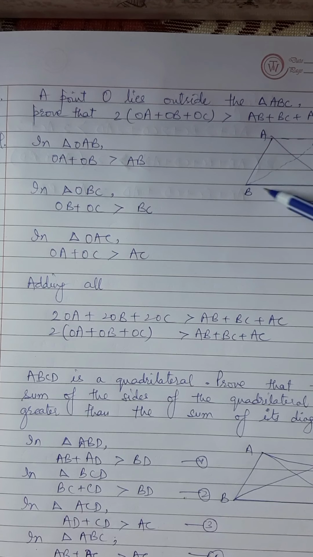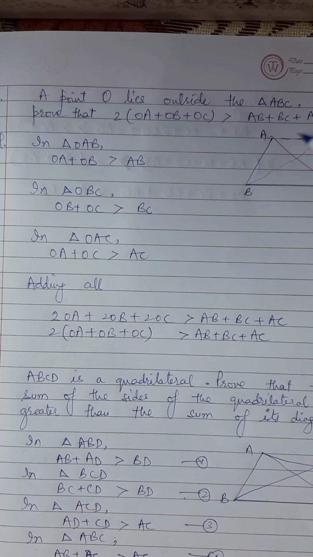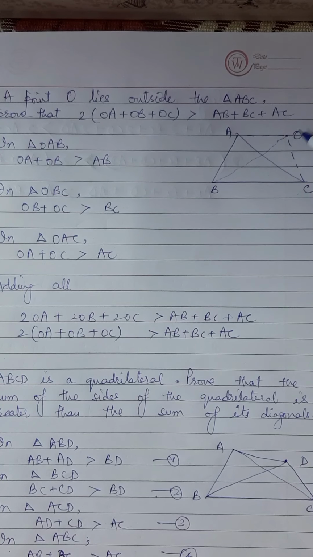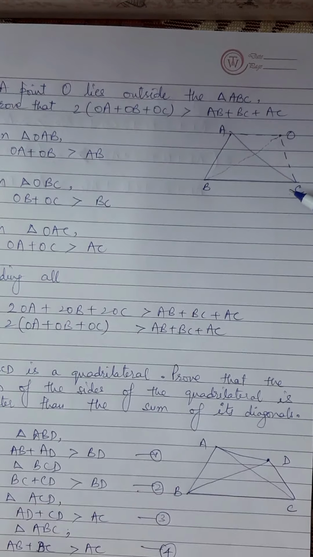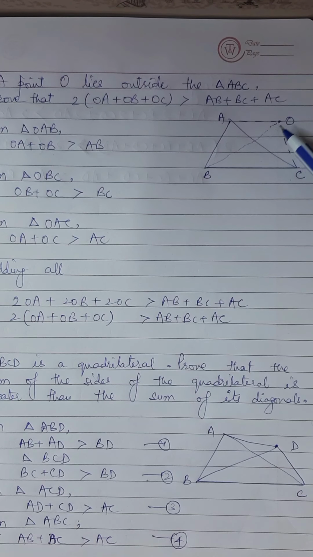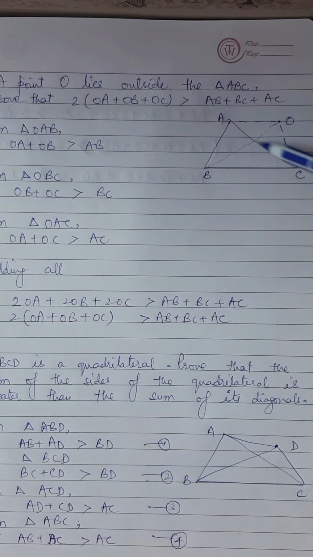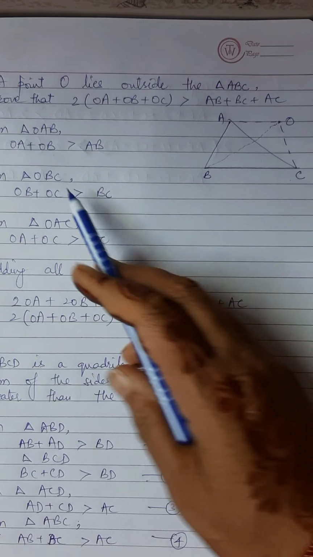Now considering triangle OBC, OB plus OC is greater than BC. Now considering triangle OAC, we can write OA plus OC is greater than AC.